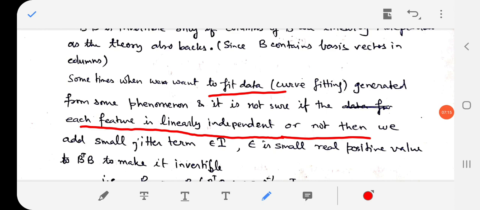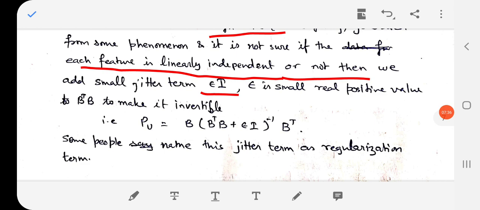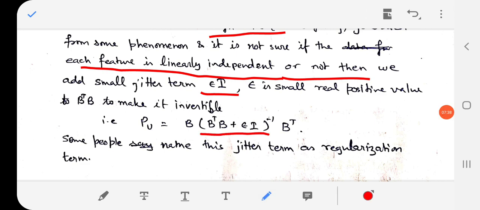In that case, we add this jitter term, epsilon I. Epsilon is a very small real positive quantity which is added to B transpose B, so that even if B does not have linearly independent columns, you can still find the inverse of B transpose B plus epsilon I.